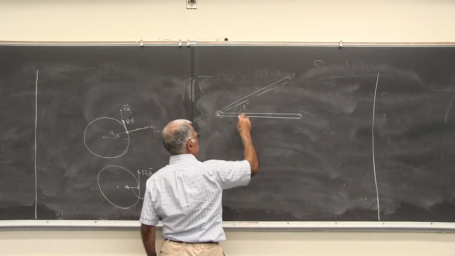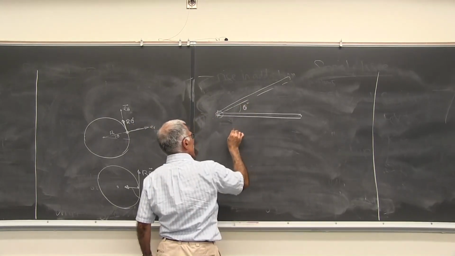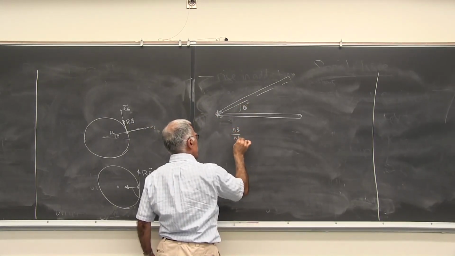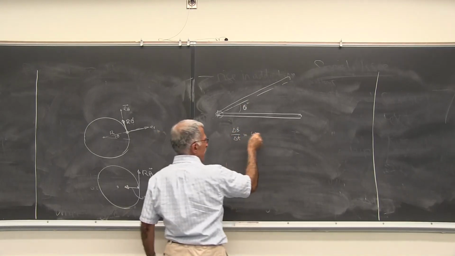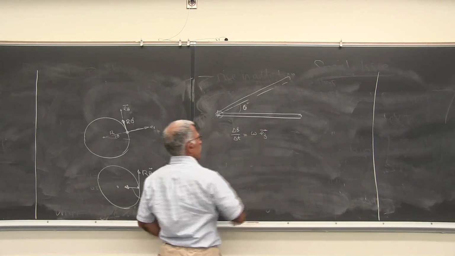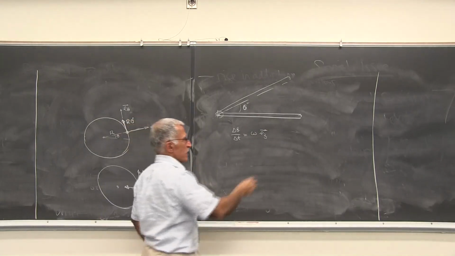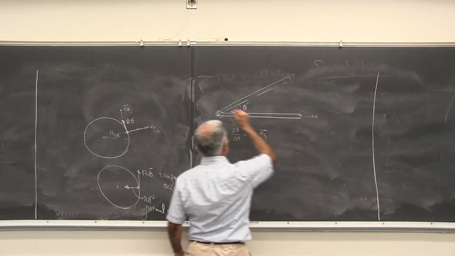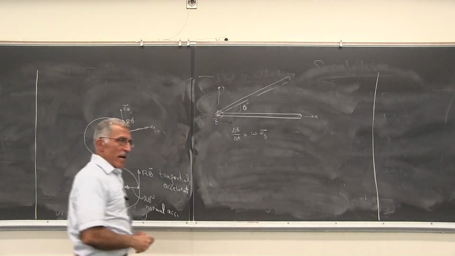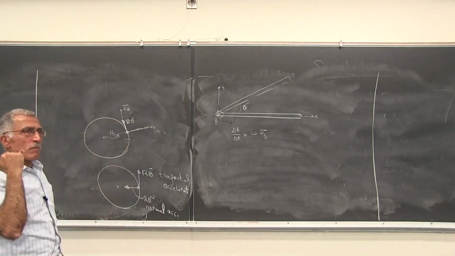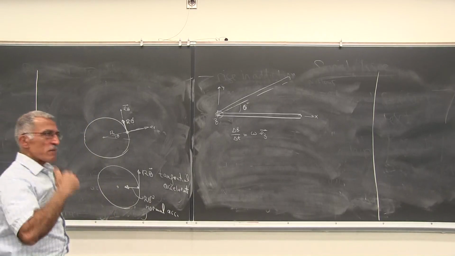Delta theta with respect to t is your angular velocity, which is normal to the page of the blackboard. If this is x, this is y, and that's z. So your angular velocity is normal to the blackboard.